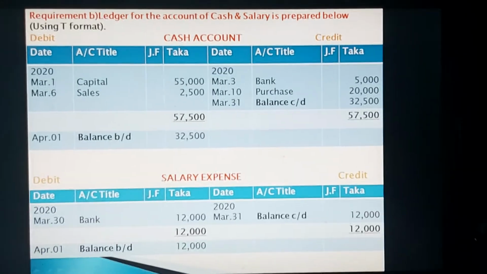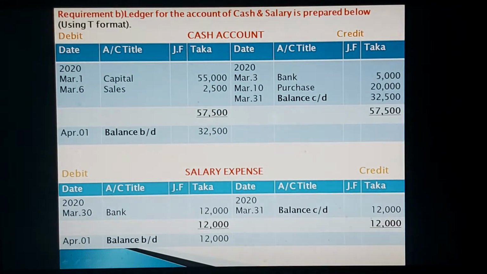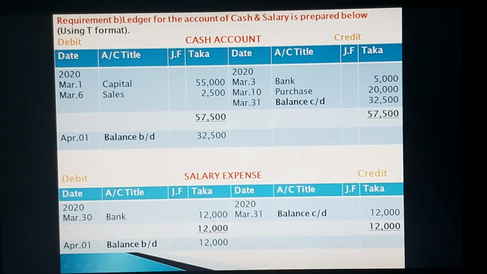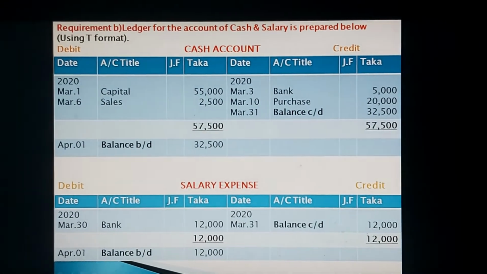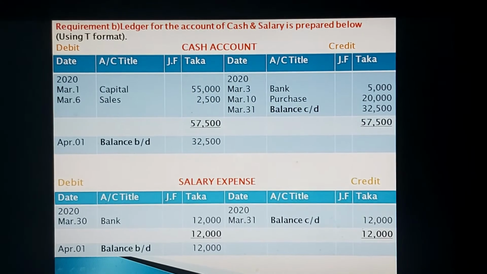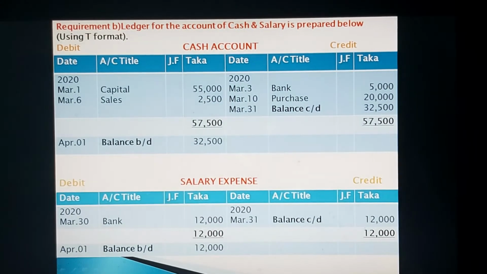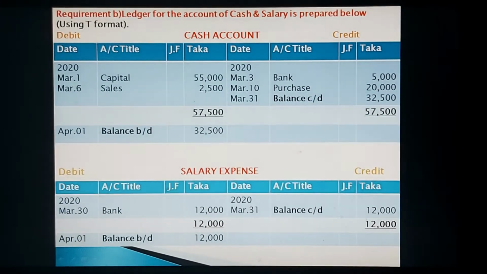In the account title column you have to write the opposite account of cash, that is the bank account, for March 3, 5,000. Another one, March 10, purchase account debit, cash account credit for 20,000. In the same way you have to write in the cash account the opposite account of cash in the account title column, that is the purchase account for 20,000.